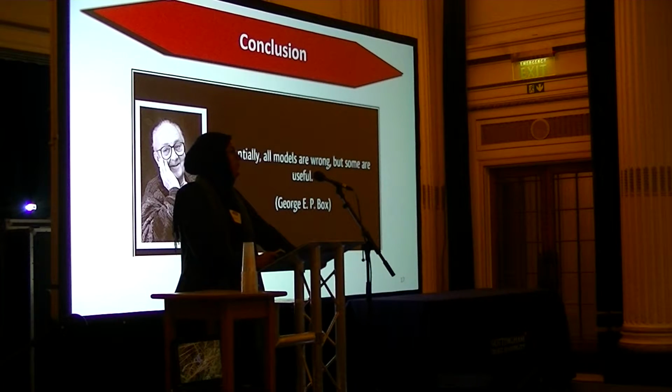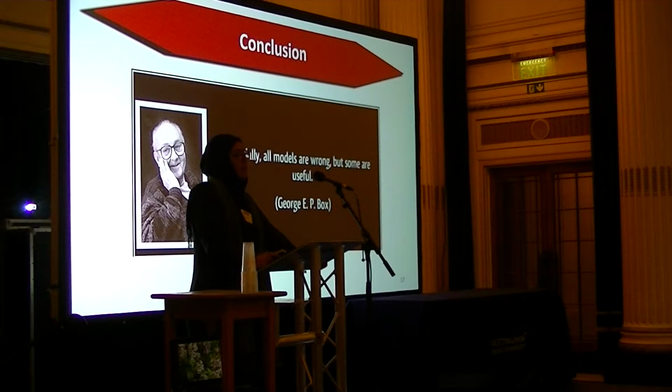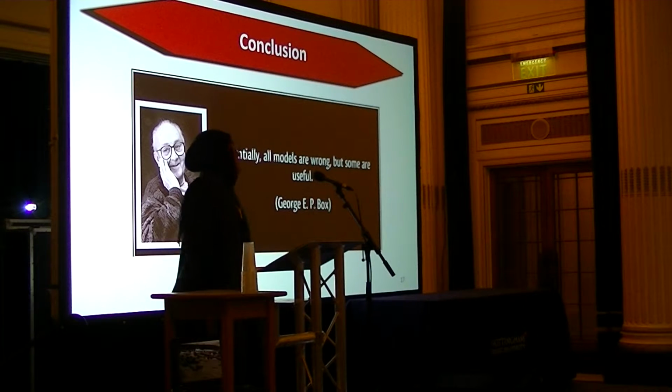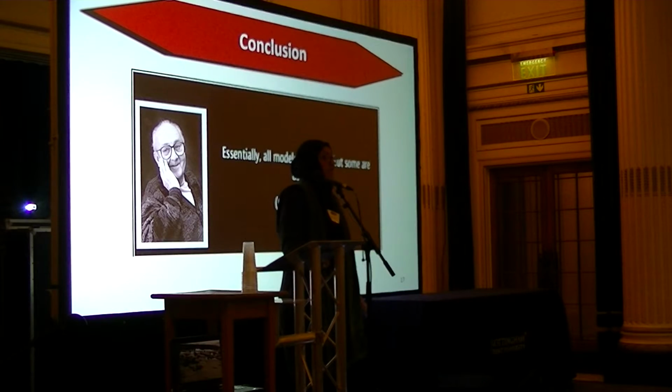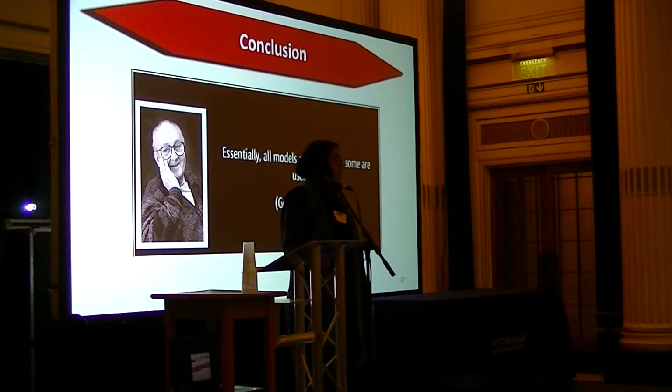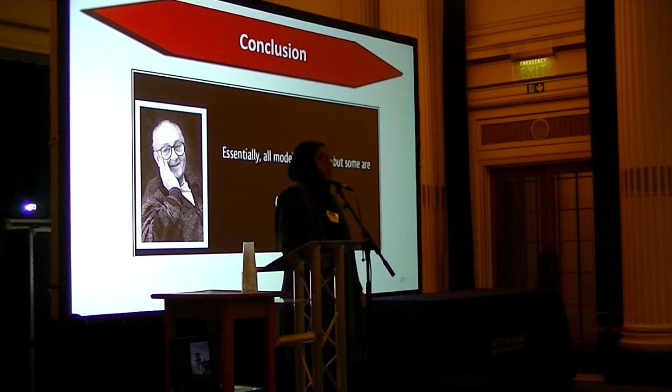So that brings me to the quote by famous statistician George Box. He said, "All models are wrong, but some are useful." Simply, your model is your assumption. And finding good assumptions is a very, very huge challenge.